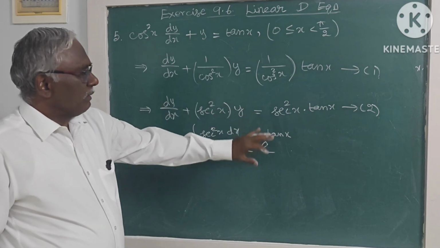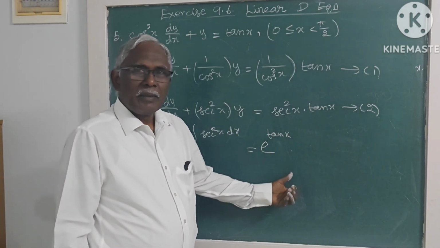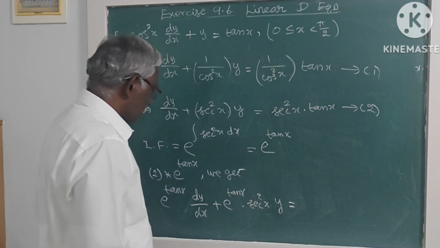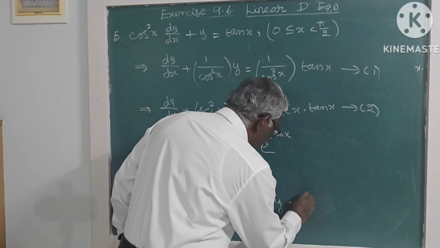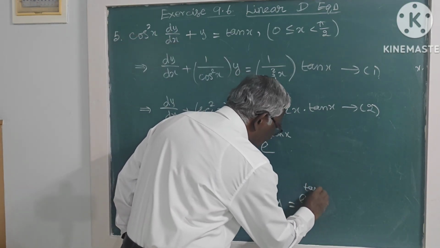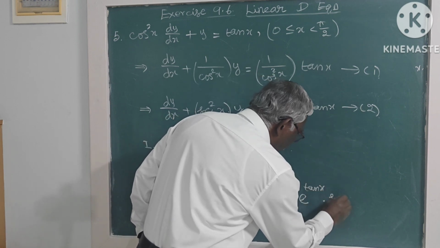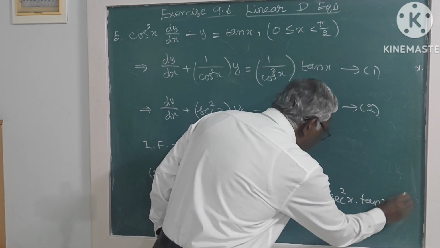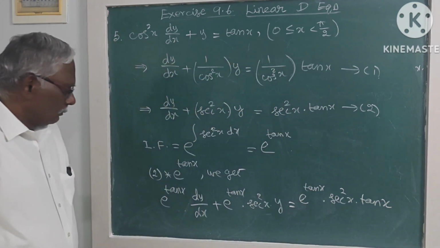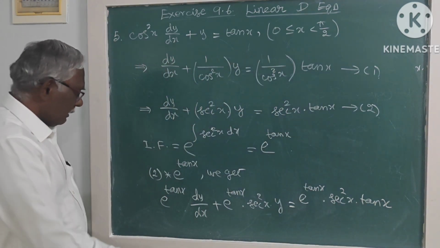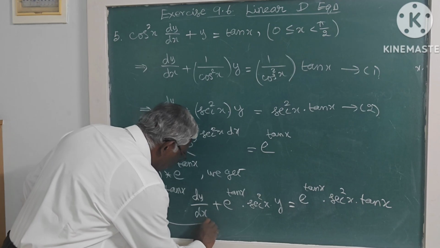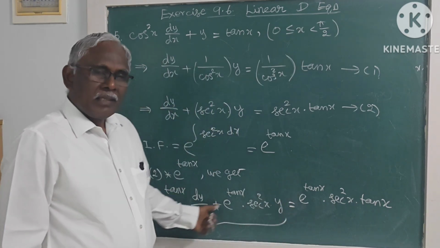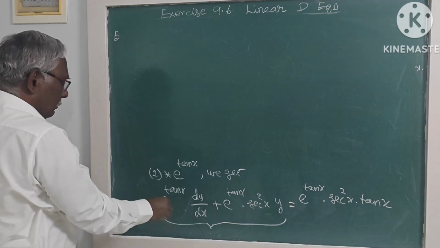Now multiply the equation 2 by the integrating factor, that is e power tan x, we get, now the left hand side becomes d by dx of y into integrating factor.